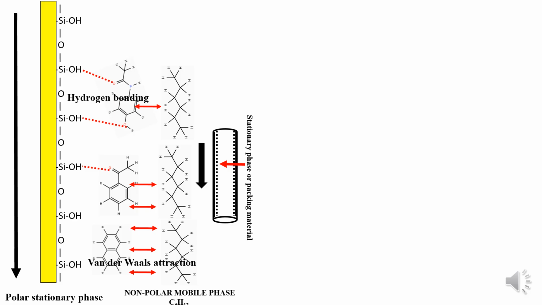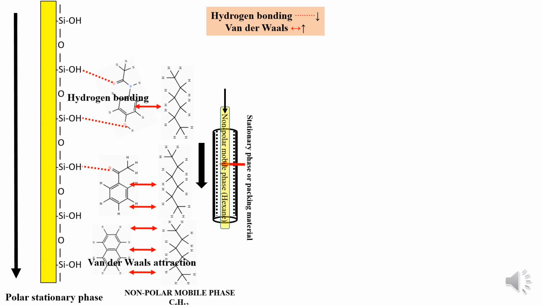This depends on the polarity of the molecule. So with the flow of the mobile phase through the column, the components travel at varying speeds.